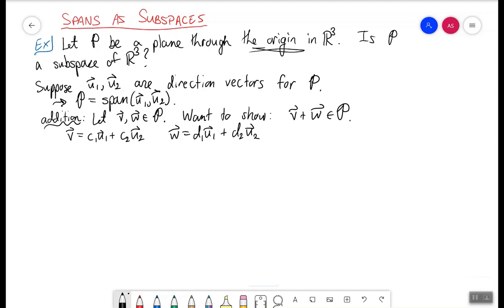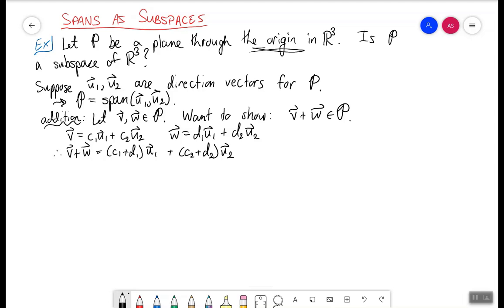Putting those together, we see that, therefore, V plus W is equal to (C1 plus D1) times U1 plus (C2 plus D2) times U2. Aha!